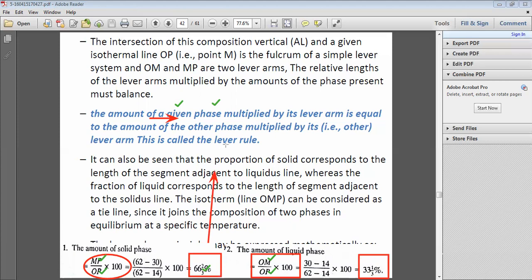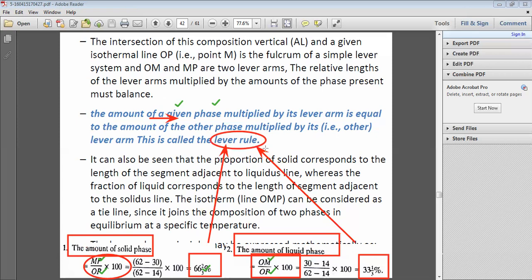These two cases are implied by your lever rule, where we get the amount of each phase, the solid phase as well as the liquid phase, and both are calculated with the help of the lever rule.